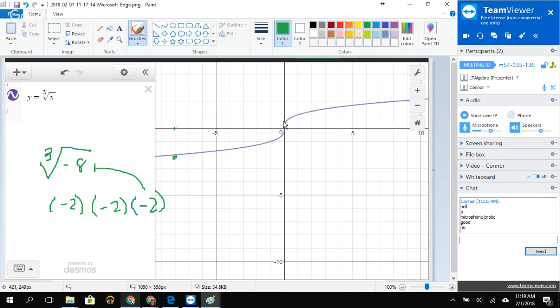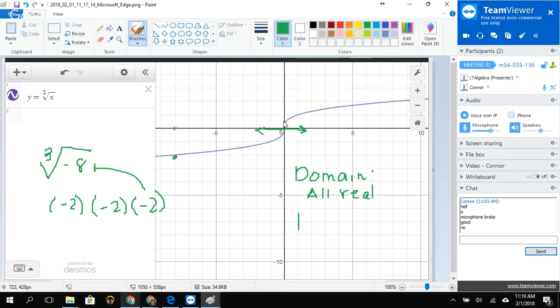Okay, so then when it comes to my graph, the domain, remember, domain is my x's. The domain goes out to positive and negative. So we would say that this is all real numbers, right?